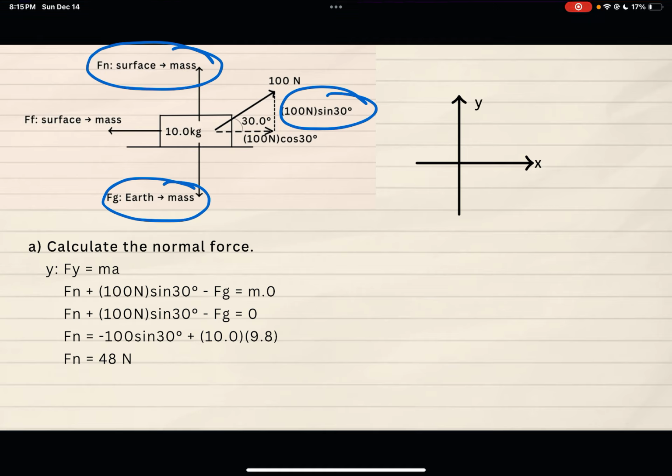Therefore, we have normal force plus 100 Newton times sine 30 degrees minus force of gravity equals 0. Normal force equals negative 100 times sine 30 degrees plus 10.0 times 9.8 equals 48 Newton. So the normal force is 48 Newton.